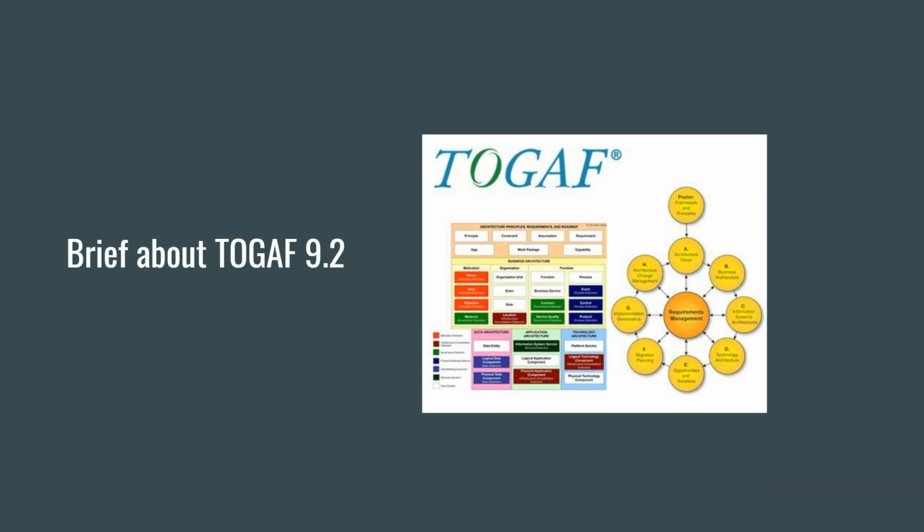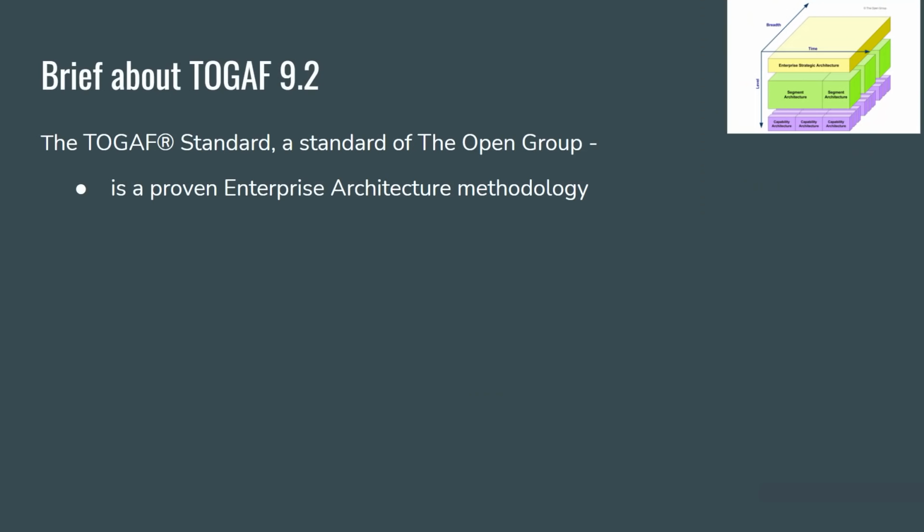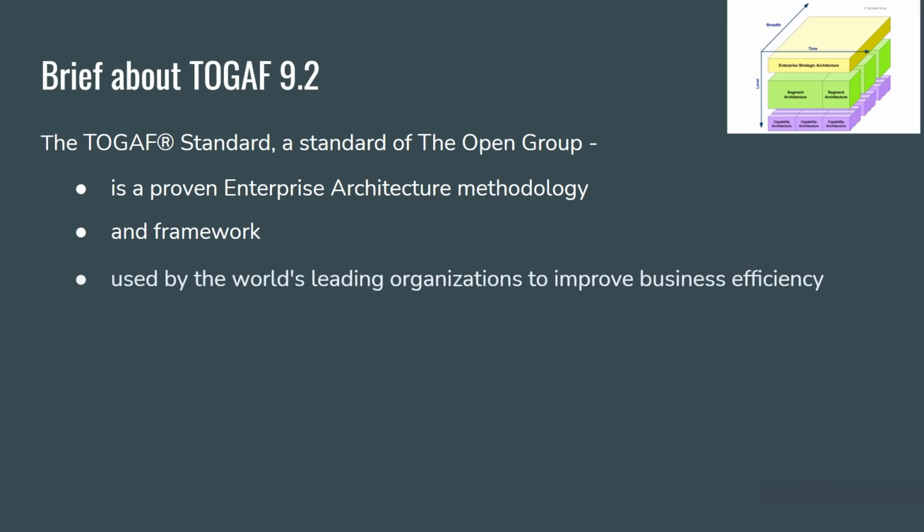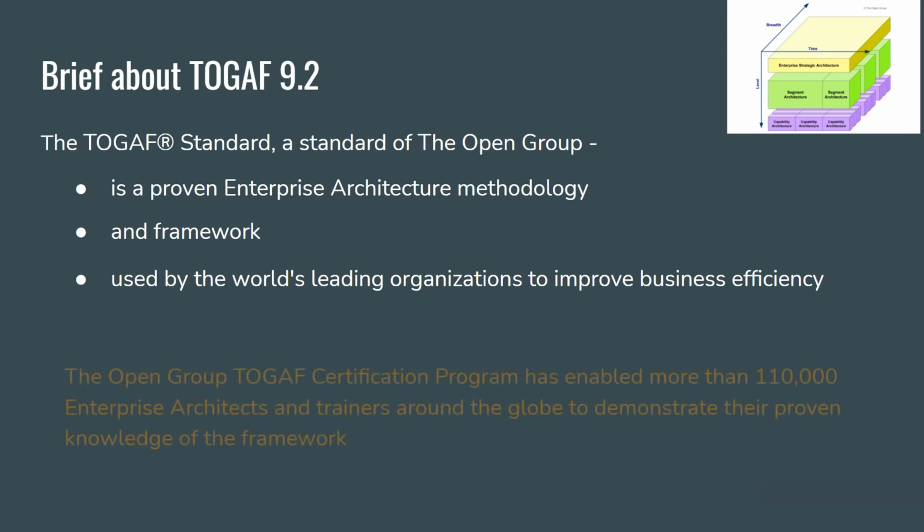Okay, so let's see briefly what TOGAF 9.2 is. The TOGAF Standard is a standard from the OpenGroup, which is a proven enterprise architecture methodology. It is also an enterprise architecture framework. It is used by the world's leading organizations to improve business efficiency.